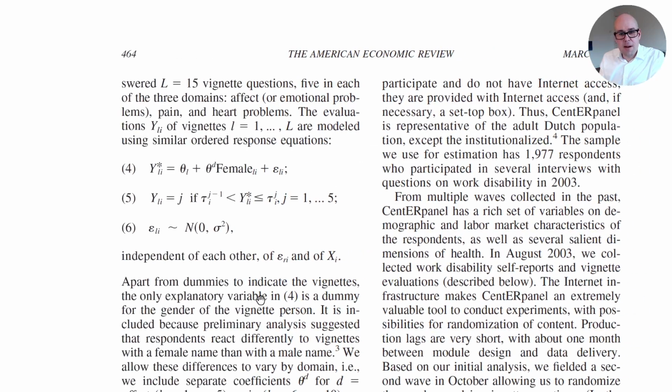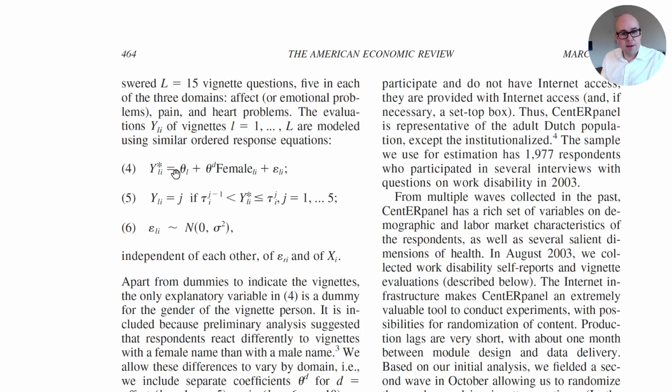That's one part of the model, and the second part is where people evaluate those vignettes. The way this is modeled is that the exact same thresholds are used. So we have again these taus, but of course the underlying health of a vignette, or the underlying ability to go to work, should not depend on the individual characteristics.